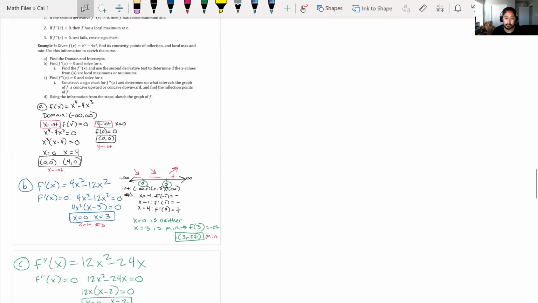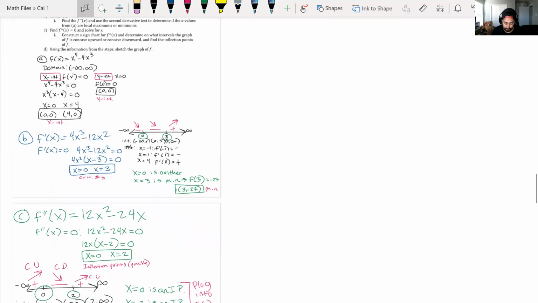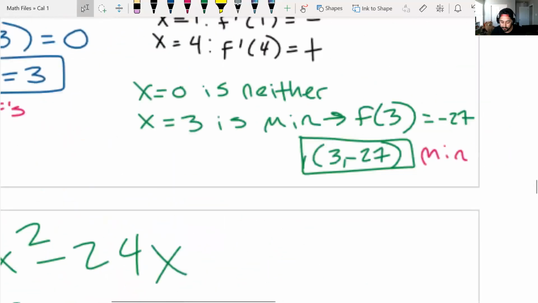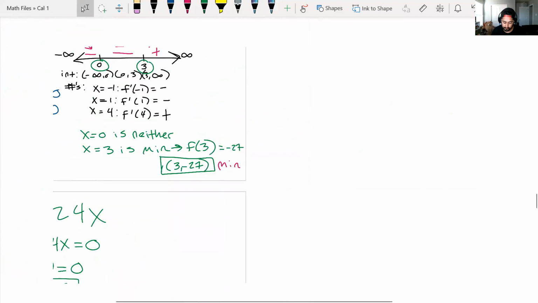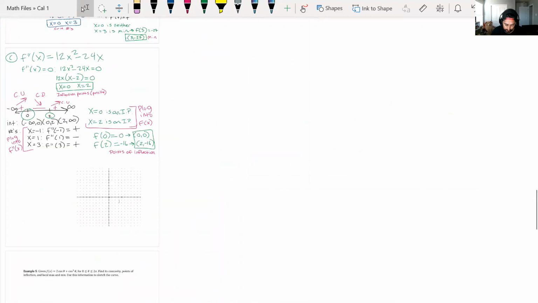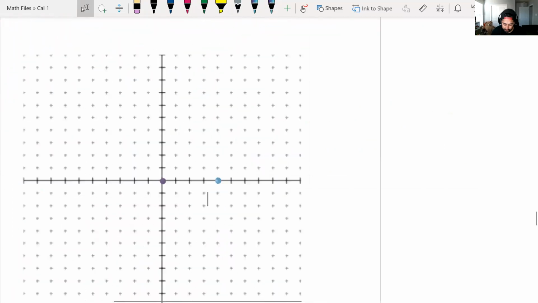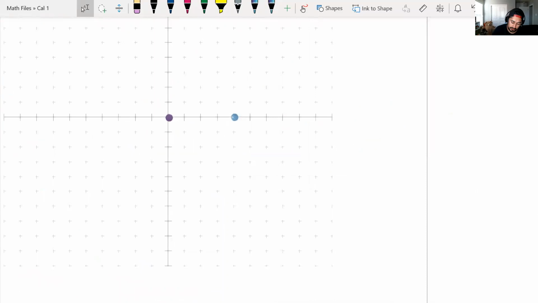And then, step B, plot your minimum. The only point we plot from this one is 3, negative 27. I'm just going to put that point somewhere here. 3, negative 27.